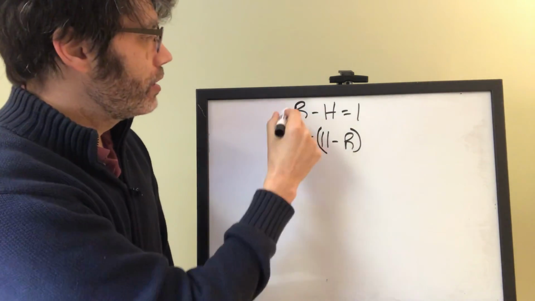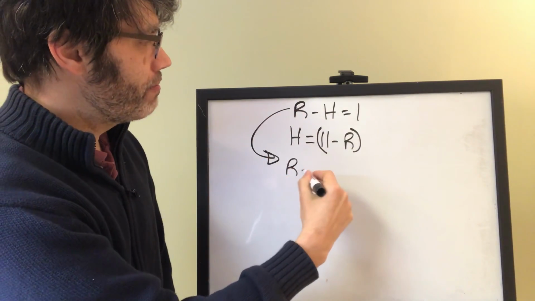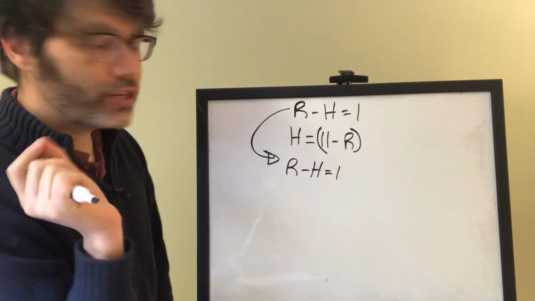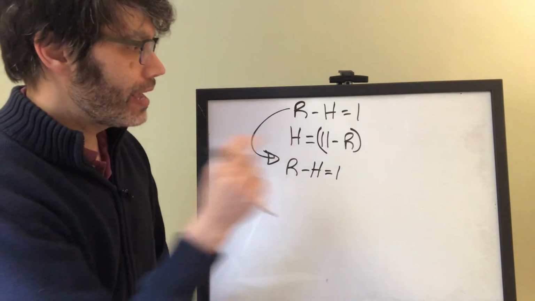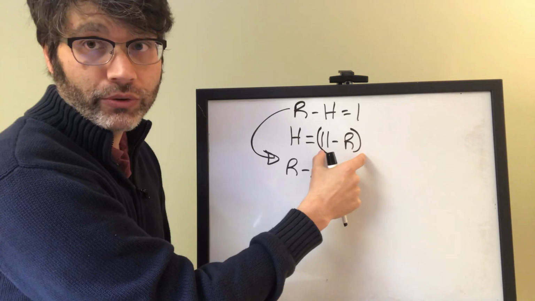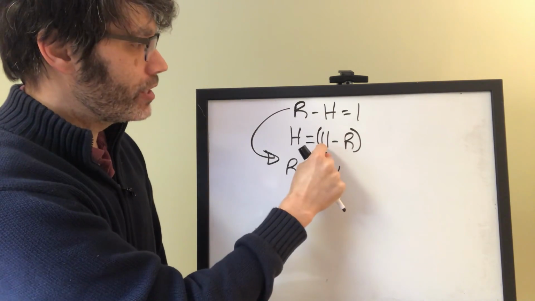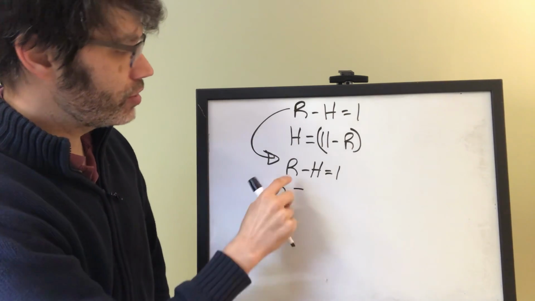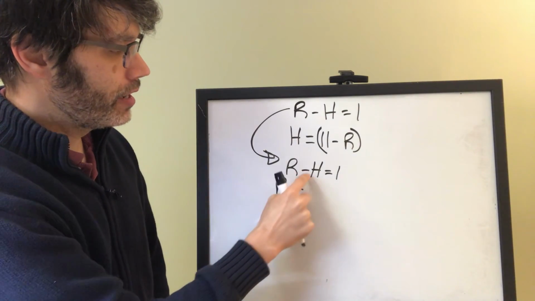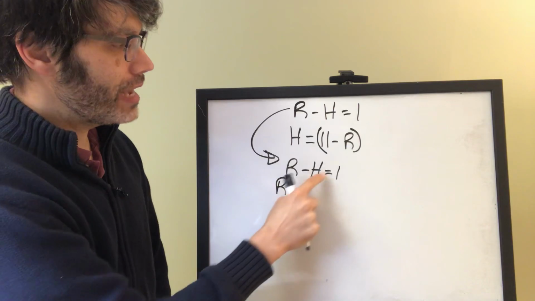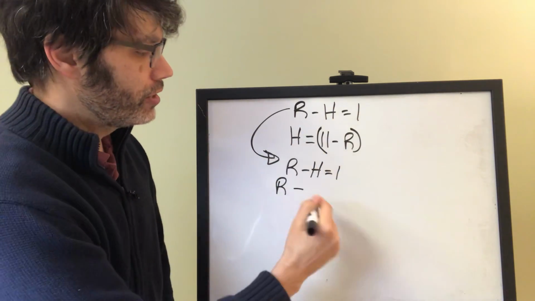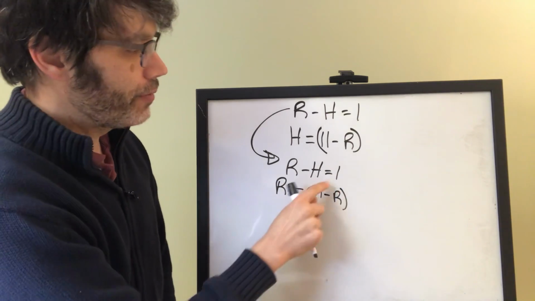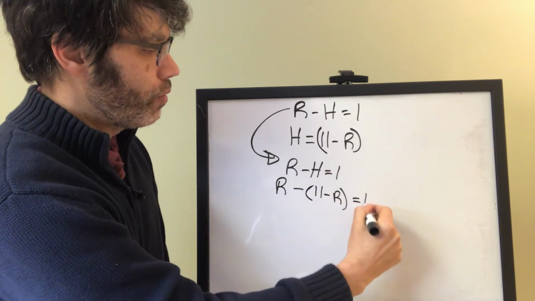Now, here we have r minus h equals 1. Let's pull h out and put in what it is equal to, which is 11 minus r. So I'm just rewriting this here, r minus h. What is h equal to? This package. So here we go. It's 11 minus r. And then we finish up the equation, equals 1.